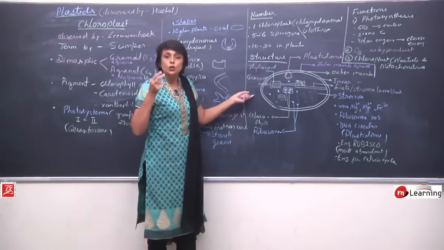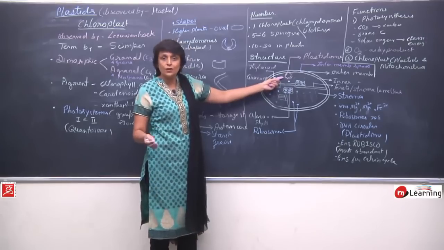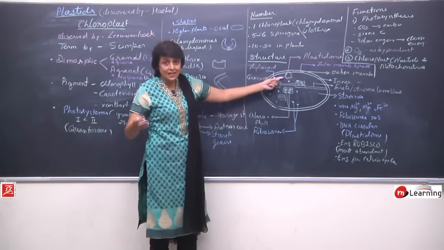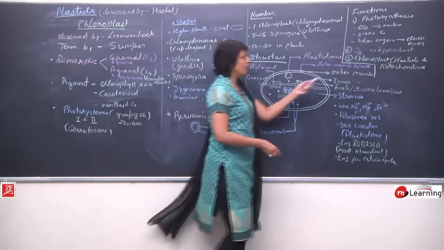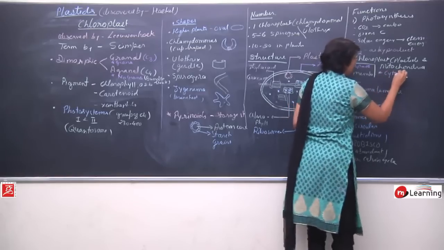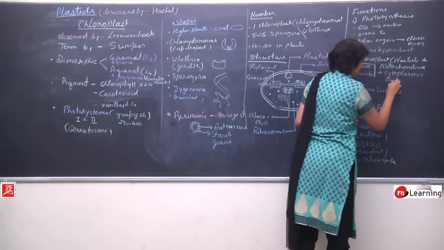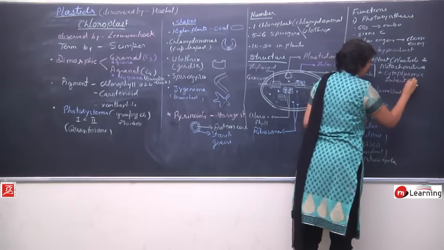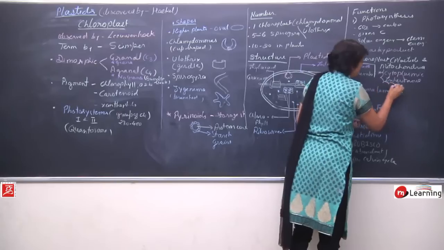So other than nuclear genetic material, is this genetic material not going into the next generation? And it is in cytoplasm. So they help in cytoplasmic inheritance. Cytoplasmic inheritance is very, very important.